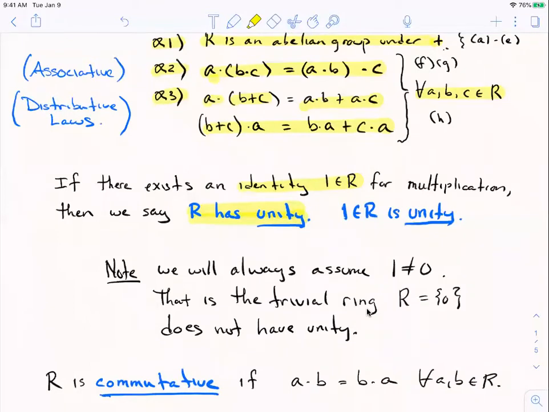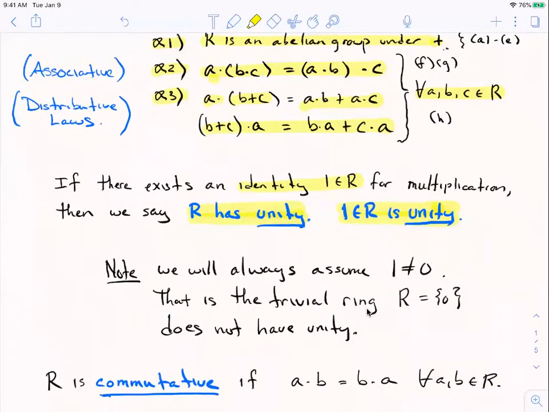The multiplicative identity in a ring is called unity. Okay, so there's a different technical term for you. Unity is the name of the multiplicative identity in ring theory. A ring may or may not have unity. The example that I'm still speaking out loud, the integers, is a ring with unity.